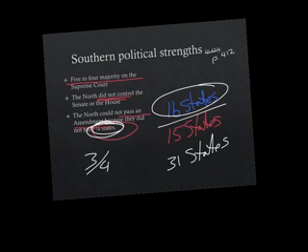Therefore, if they lost numbers, if they had already one state less, and they would continue to have less states, eventually they saw the writing on the wall, and so states like South Carolina and Mississippi, North Carolina, Georgia very quickly decided to secede from the Union to preserve their rights as states.